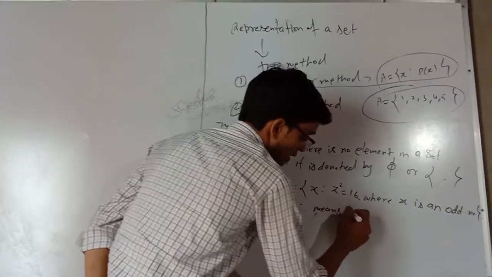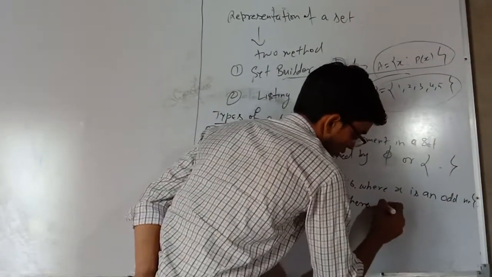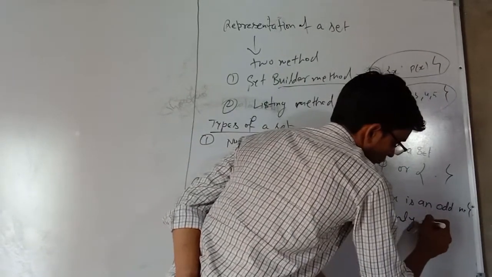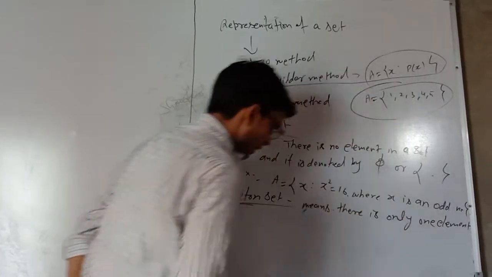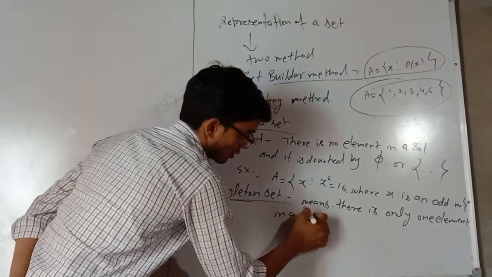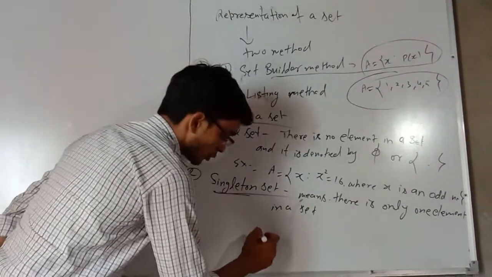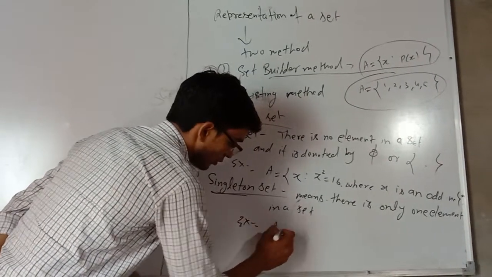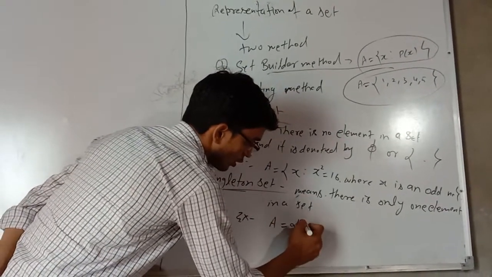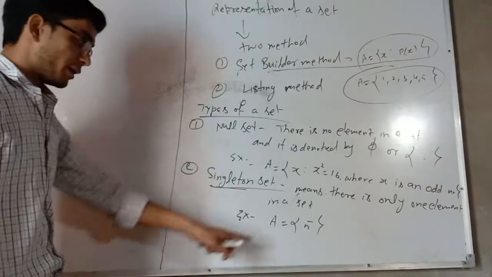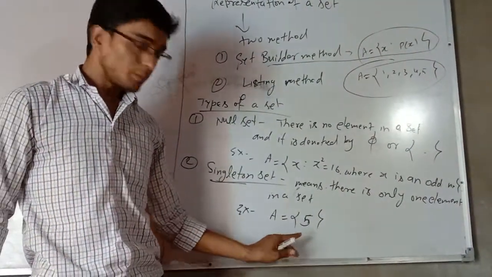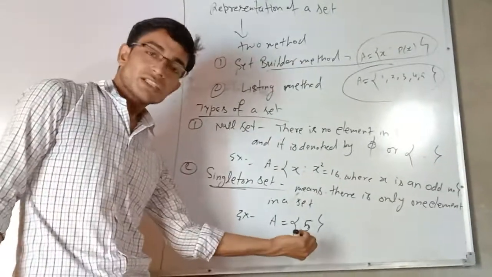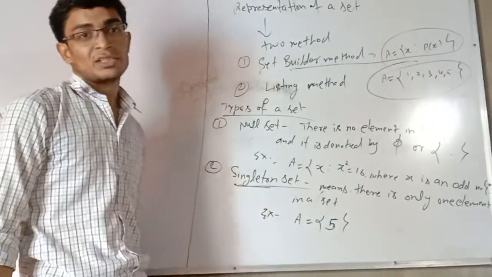Singleton means there is only one element in a set. Now we will take an example: A is equal to {5}. It means it is a singleton, because there is only a single element, so therefore it is a singleton set.